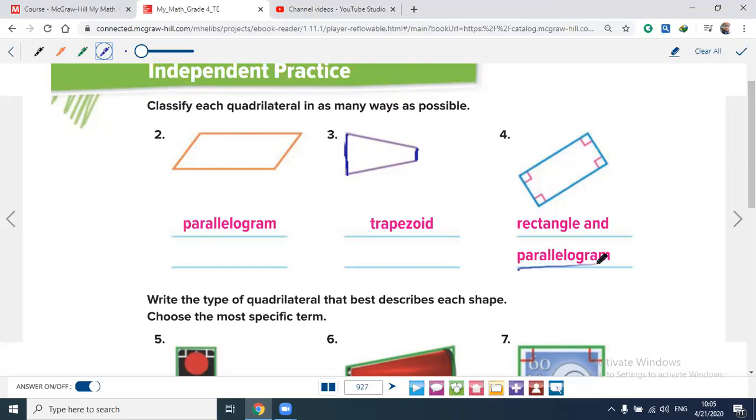So this is a parallelogram and rectangle. If a parallelogram has 4 right angles, it is a rectangle. So I can name this one by 2 names, parallelogram and rectangle.